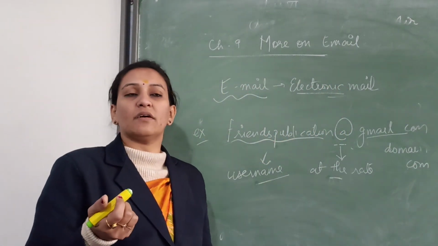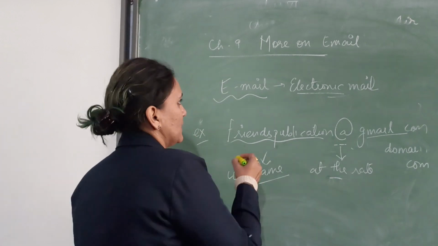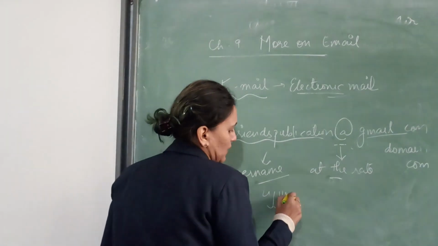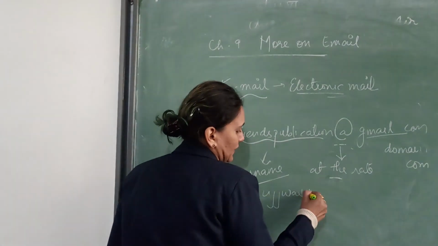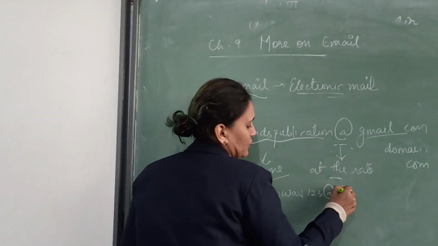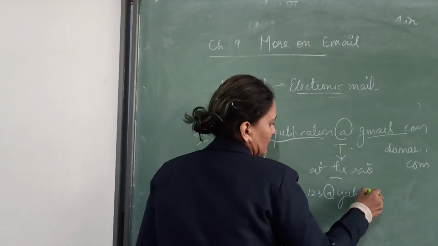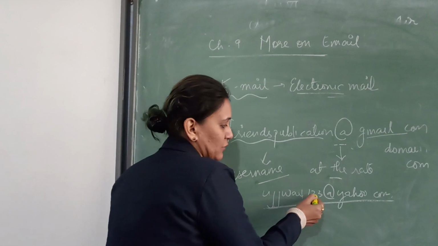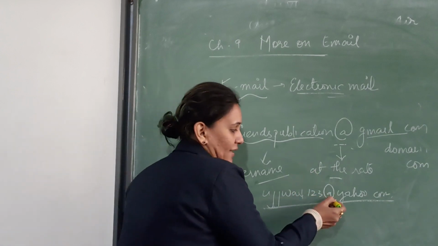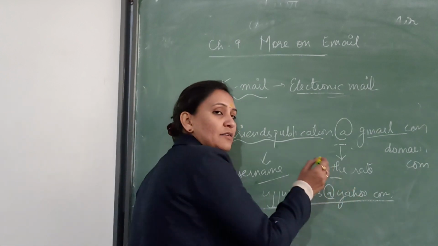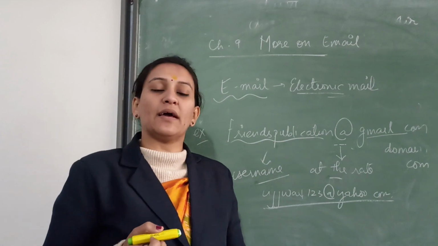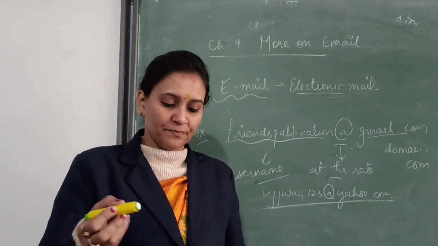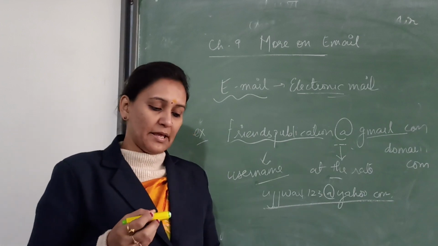For example, if Ujjwal wants to create an email ID, it would be ujjwal123@yahoo.com. This is also correct. So again here Ujjwal123 is a username, this is the @ symbol and this is the domain name. So this is how you can create or register yourself with this email ID.